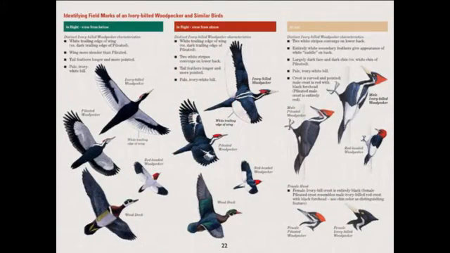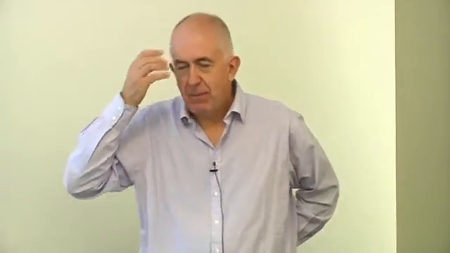This is a card made by the Louisiana Forestry Department to help people identify the ivory-billed woodpecker. As you know, the ivory-billed woodpecker has not been seen in the wild probably since 1930, but every year one or two people say, oh, I've seen one.